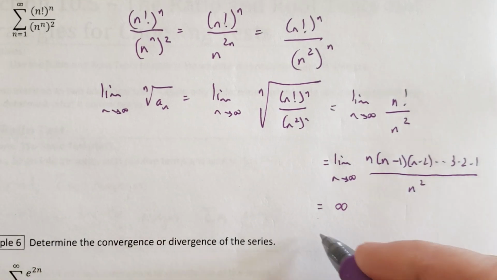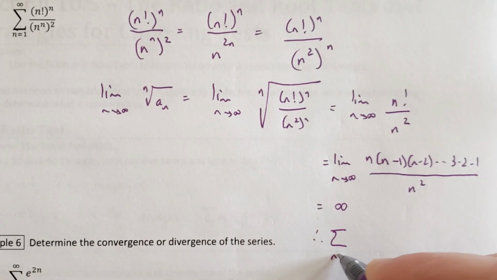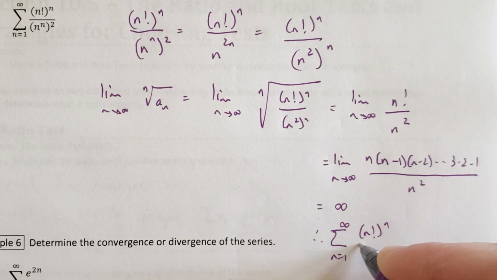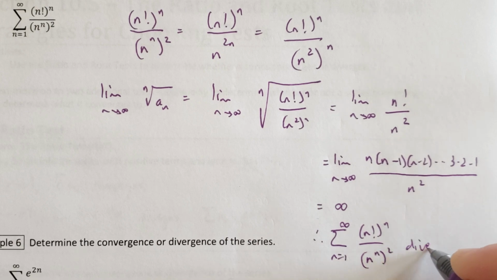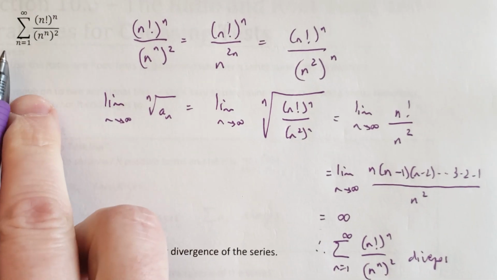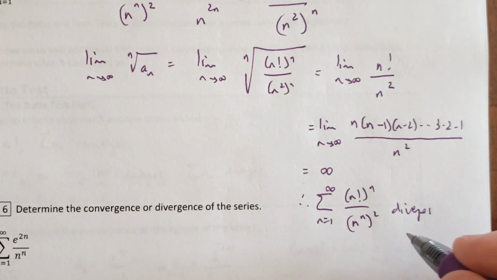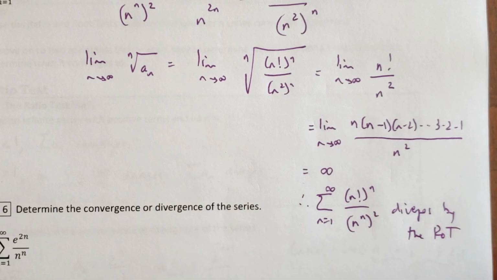And so therefore, our series n goes from 1 to infinity, n factorial to the nth over n to the nth squared, diverges. I think you probably could have just done the nth term test for divergence there too, but that one diverges by the root test.